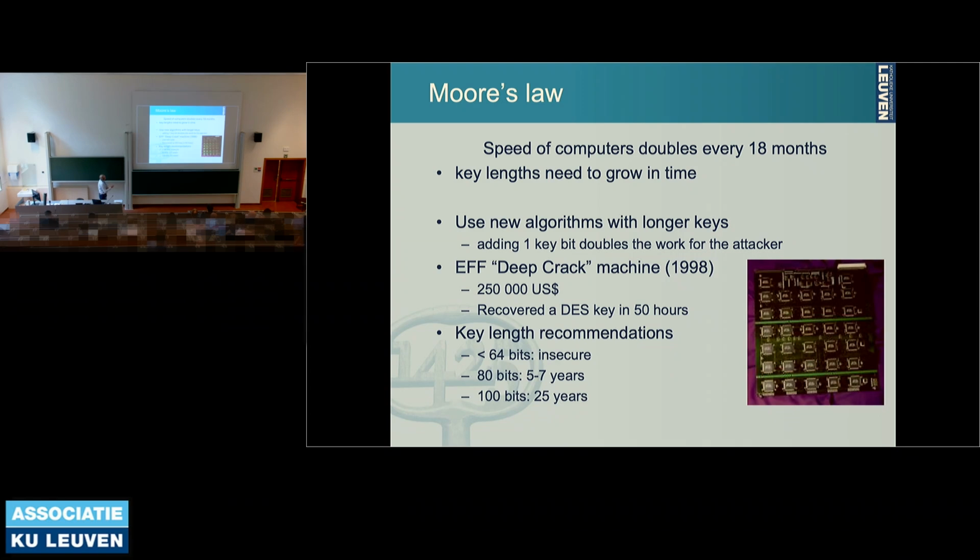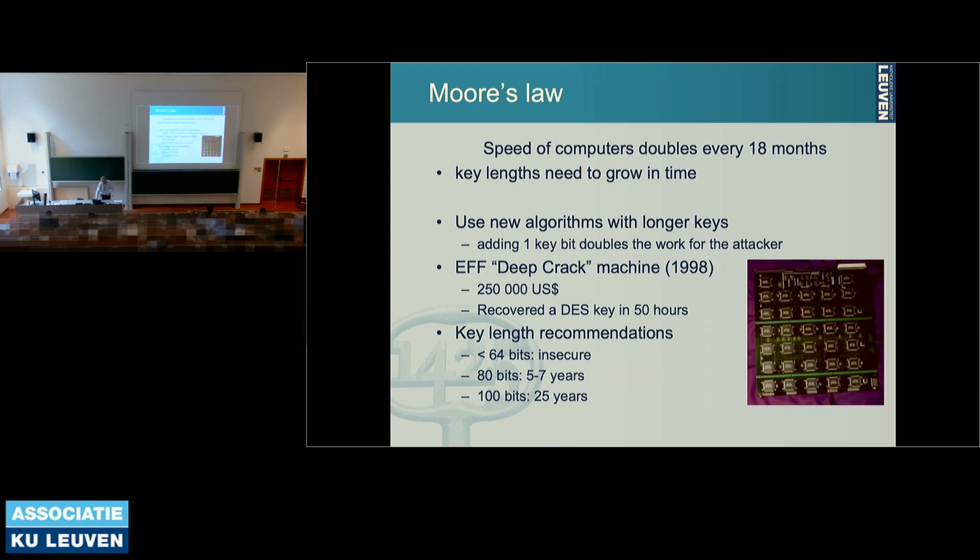And so nowadays, if you want to keep something secure, don't use less than 64 bits of key. If you want a couple of years of security, 80 bits is recommended, and 100 bits is a safer choice.